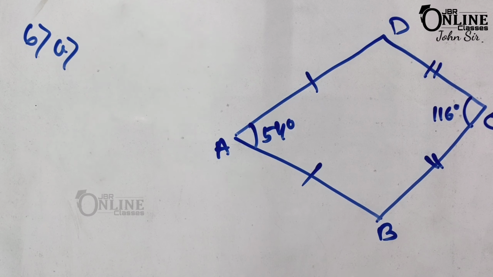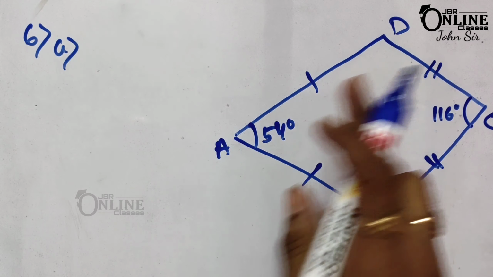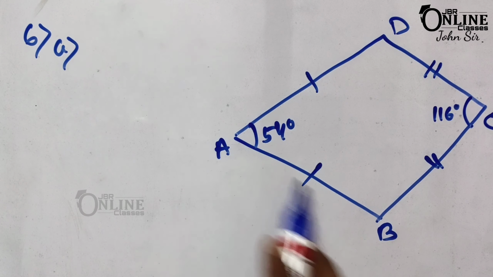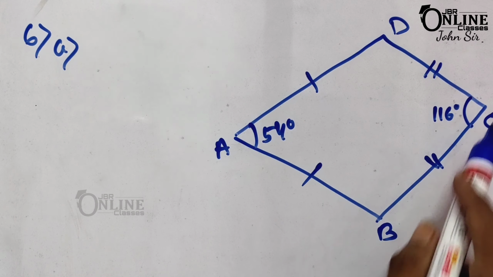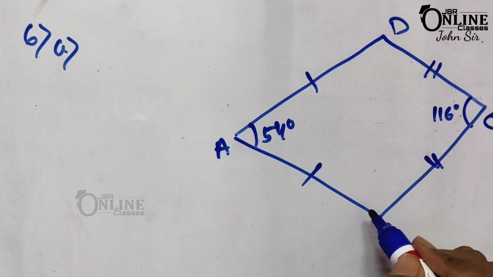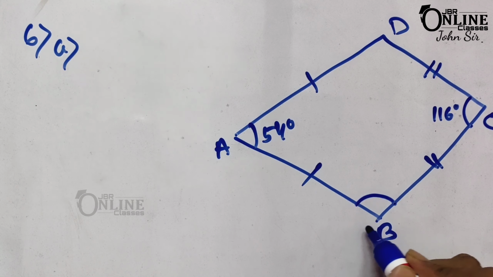Now sum number 6. In sum number 6.1, in this given figure, here AB equals AD. Okay, AB equals AD and BC equals DC. You have to find the value of angle ABC, the whole one.